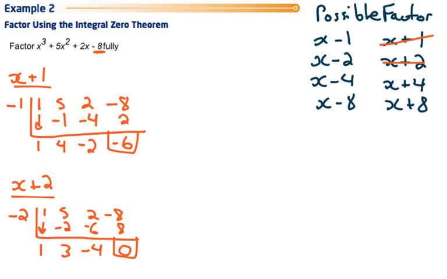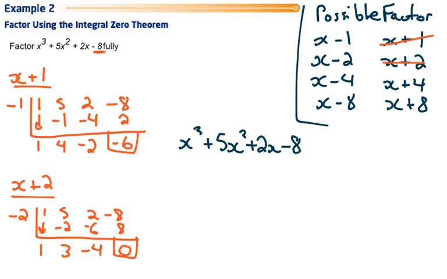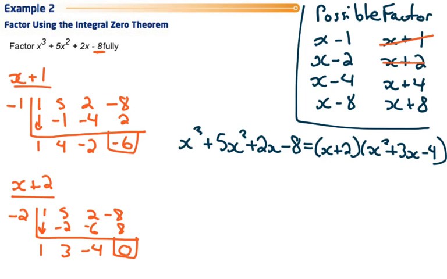But what we know is that x cubed plus 5x squared plus 2x minus 8 equals, we had x plus 2 times the results of our synthetic division, which would be x squared plus 3x minus 4.